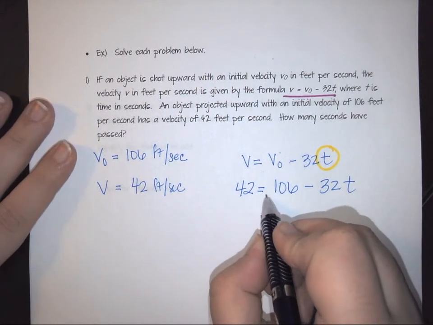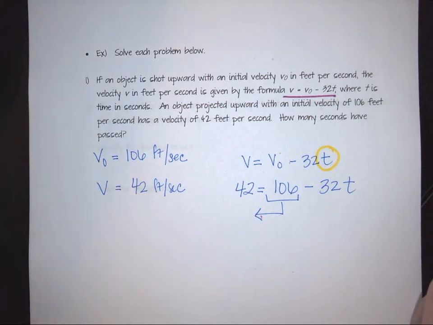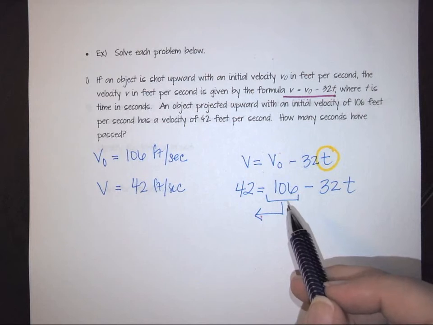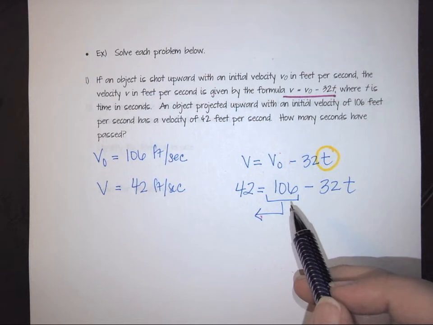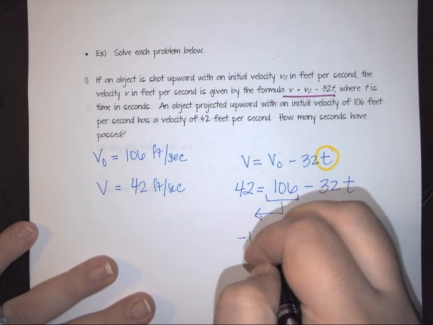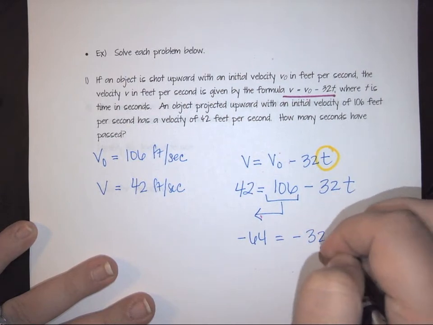The first thing we have to do is take this 106 and move it over. Because the 106 is positive, we have to subtract. So we have 42 minus 106, which gives us negative 64 equals negative 32t.